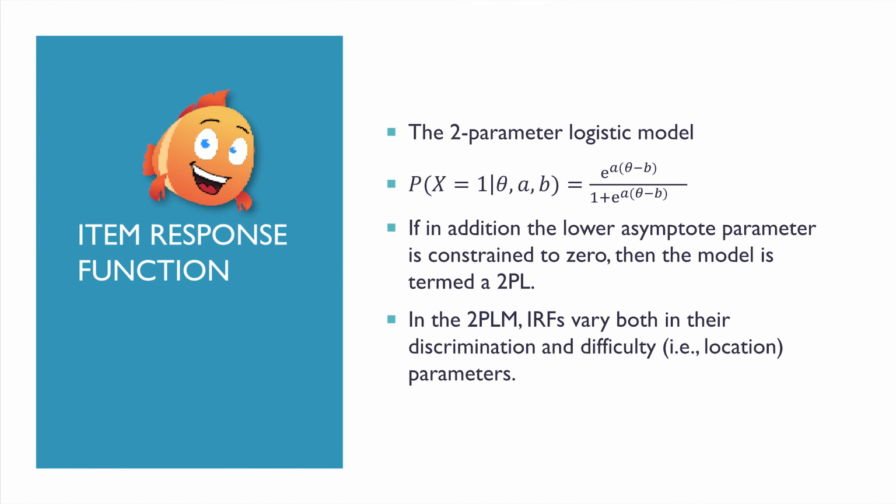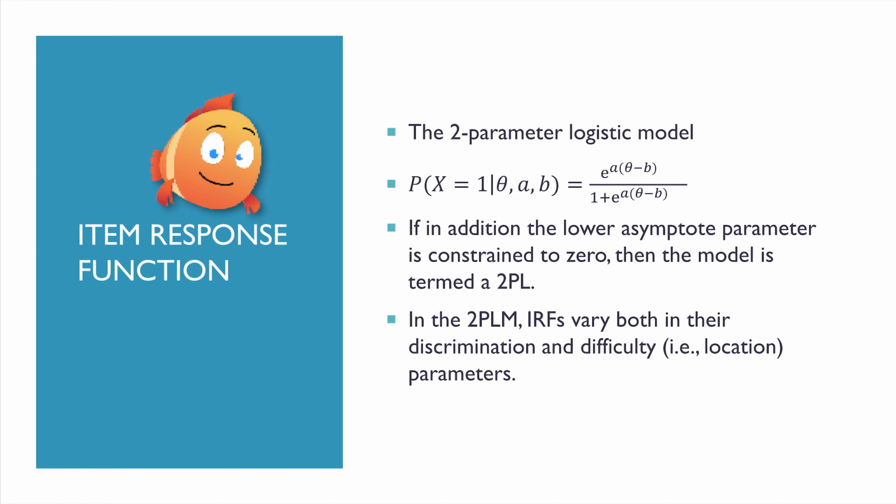2PL. Here we've cut out the lower asymptote entirely. So instead of having that C parameter plus this equation with the e to the a power, etc., now we only have that logistic model. The lower asymptotic parameter is now constrained to 0.